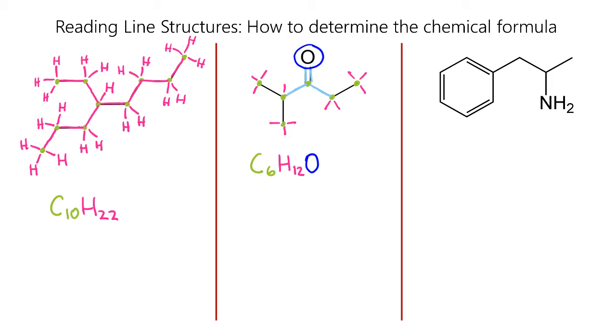The third example is a common medication. It is Adderall. It is a type of amphetamine. And in identifying all of our carbons, we're going to start with this ring. 1, 2, 3, 4, 5, 6, 7, 8, 9.